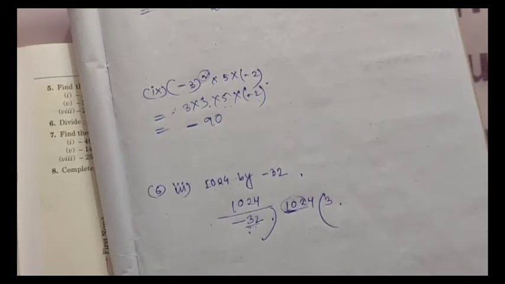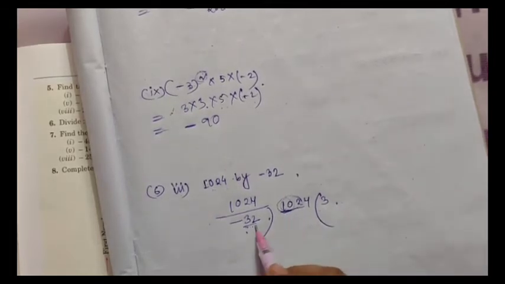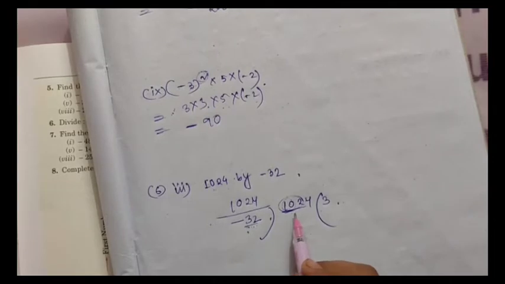So you will just do the division and then fix the sign, but the division you have to do the same way you learned division of numbers in the previous class. Here we have to see how many times 32 goes into 102. 3 1s are 3, 3 2s are 6, 3 3s are 9, 3 4s are 12.